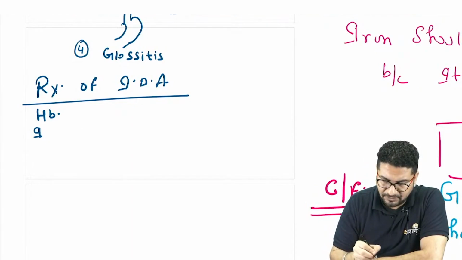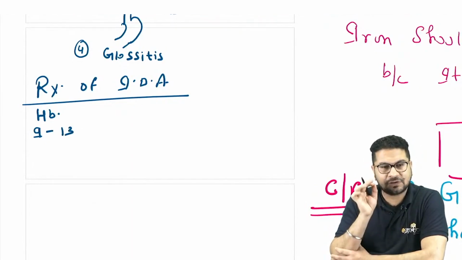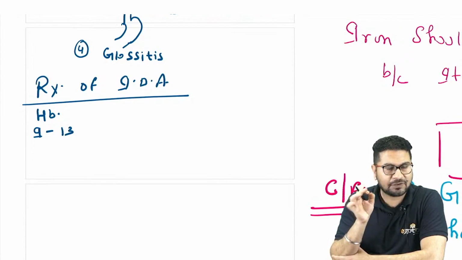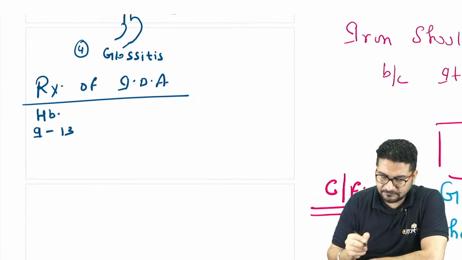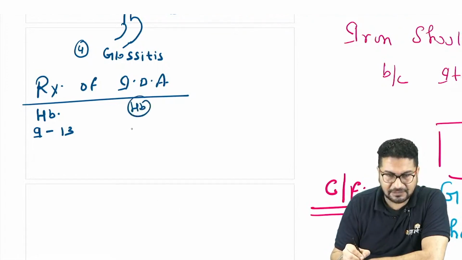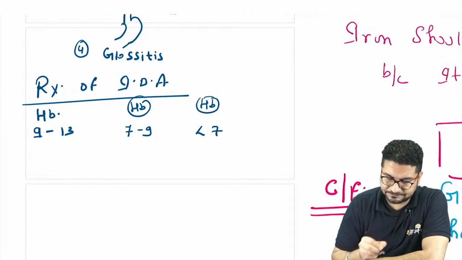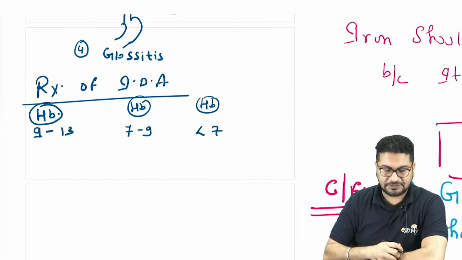So if hemoglobin is in the range of 9 to 13 for male, for female it will be 9 to 11. If hemoglobin values are 7 to 9, or hemoglobin values are less than 7, this is how we treat the patient.